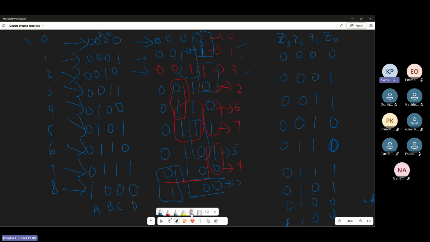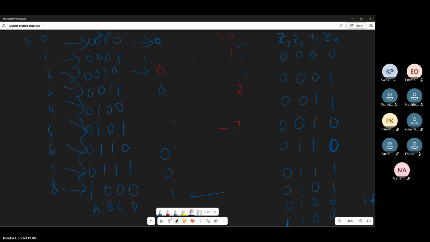I'll clean this part because it's the same thing that I've done there. So here, this for 0, this for 1, this for 2, this for 3, 4, 5, 6, 7, and then what's 8? The last one is 8.